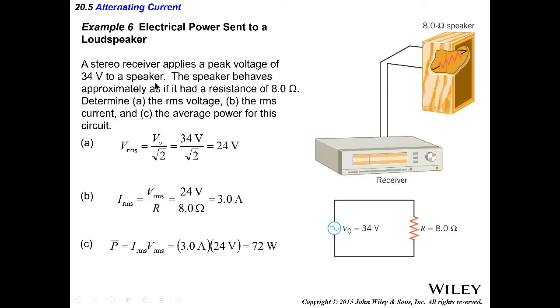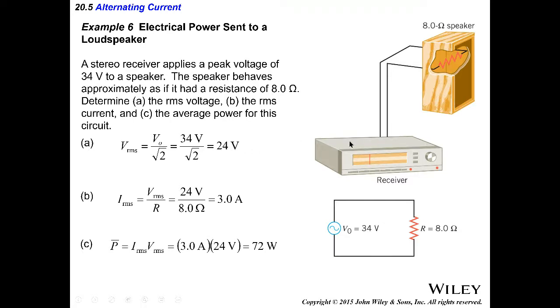The speaker behaves as if it has a resistance of 8 ohms. Determine the root mean square voltage. Well, that's easy by definition. You divide by square root of 2, and now you'll notice there is indeed a big difference, right? The peak voltage was 34 volts, but the root mean square is 24 volts.